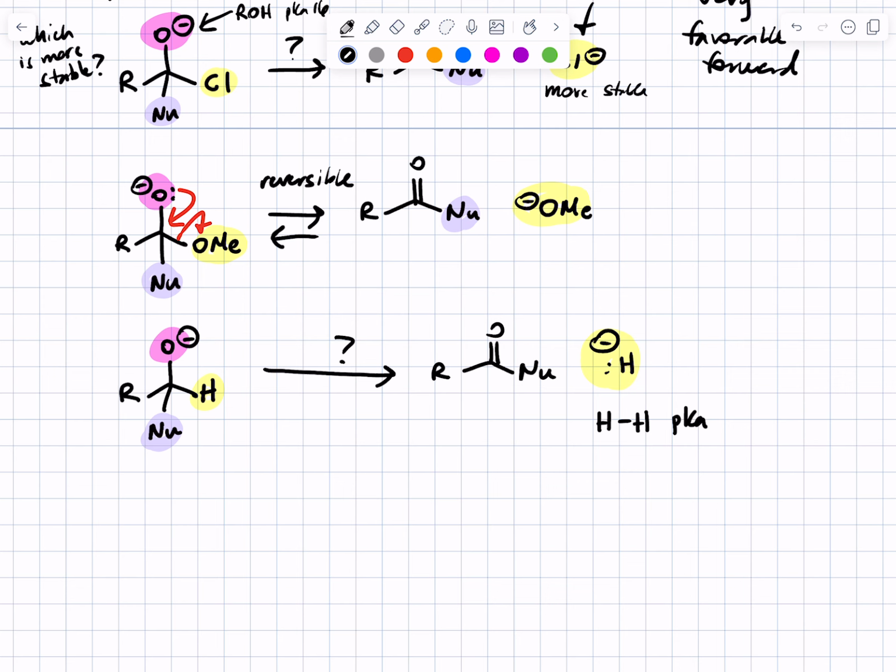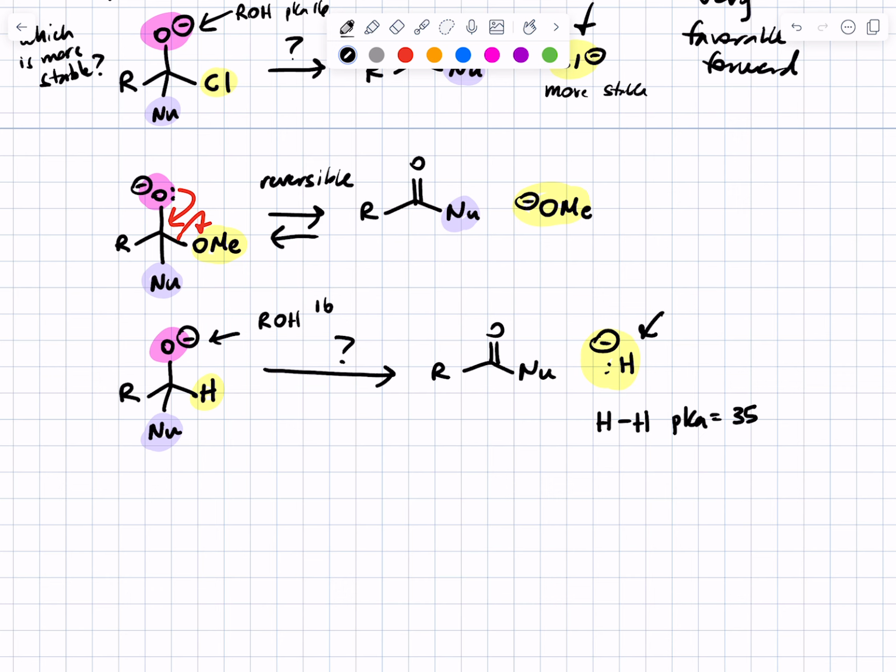Its conjugate acid has a pKa of 35. Remember, the thing you're comparing is the stability of the leaving group having left and the negatively charged oxygen, which has a conjugate acid whose pKa is 16. That's, we're doing the math, a 19 order of magnitude difference.